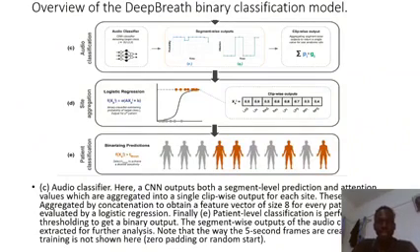Then these aggregated outputs are concatenated to obtain a feature vector of size 8, which is then fed into the logistic regression layer. Finally, in E, the patient-level classification is performed by thresholding to get the binary output.